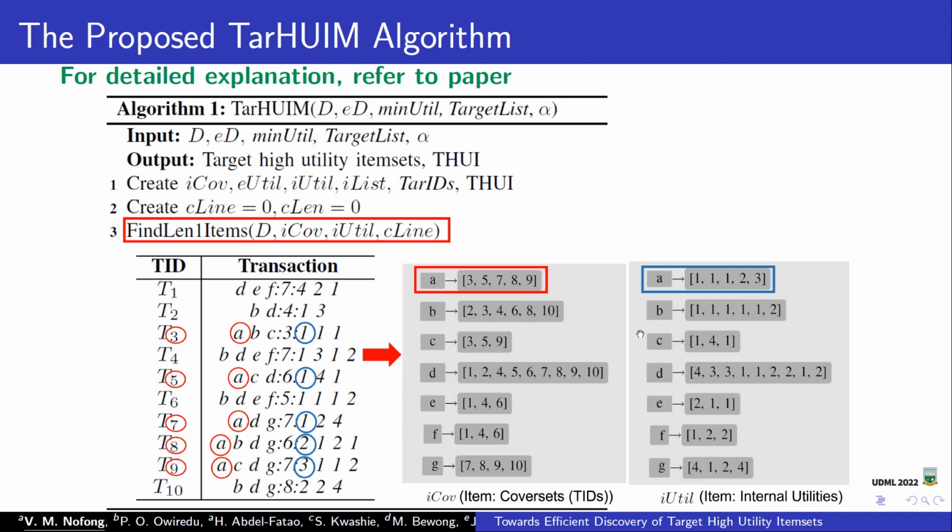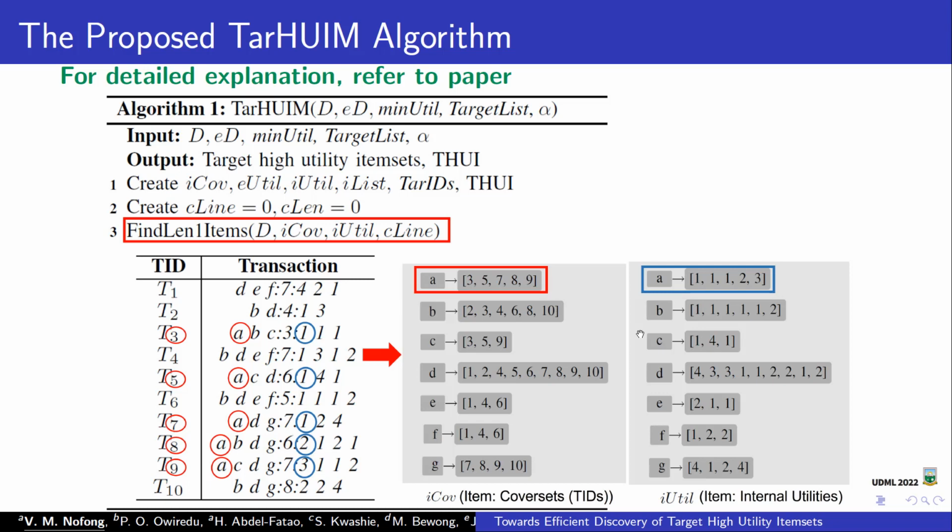So I will use this example to explain how our implementation works, but for a detailed explanation, please refer to the paper. In our implementation, the first step to mining the target high utility item set is to find the set of length 1 item sets and their respective transaction IDs and internal utilities.